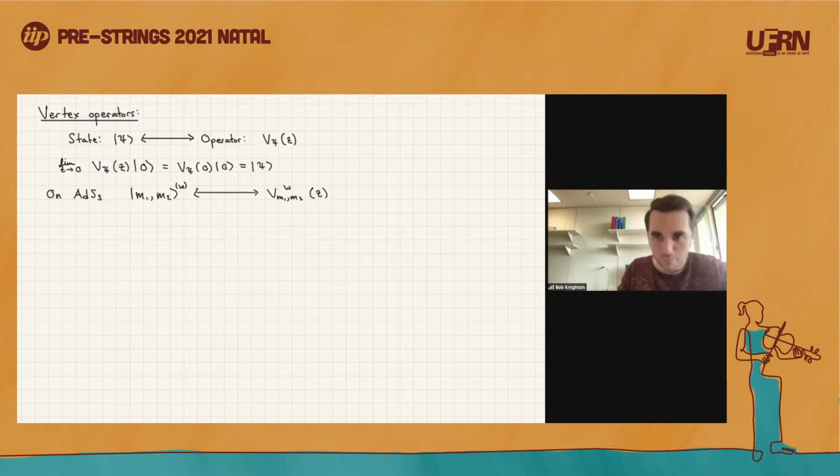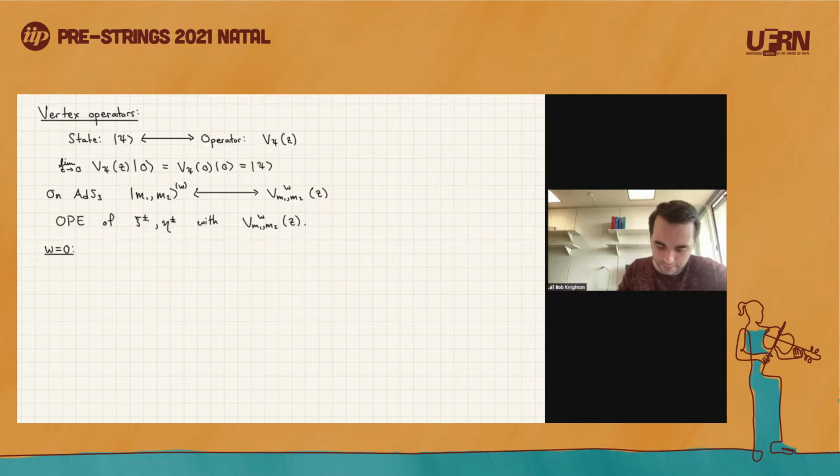Now, one important part of what we're going to have to do going forward is to understand the operator product expansion of our free fields, psi plus and minus and eta plus and minus, with these vertex operators, V m1, m2, w of z. On the new problem sheet, you'll actually compute this yourself, but let me just demonstrate how this works for w equal to 0, so when you're unflowed.